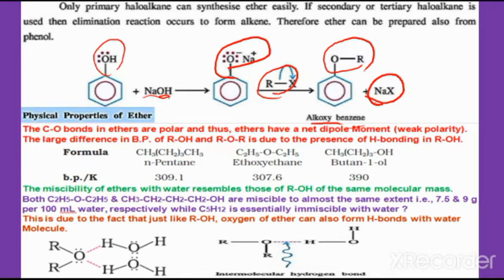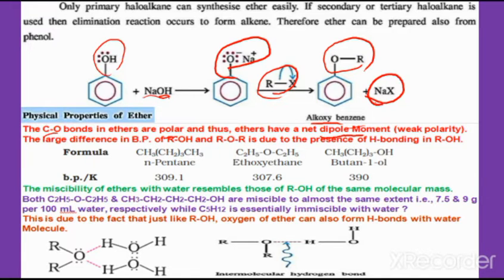Now the physical properties. In the case of the physical properties, first, ethers contain the carbon-oxygen bond, so ethers are polar in nature. Due to the polar nature, it produces a certain amount of dipole moment, but the polarity of ethers is less when compared with alcohols and other compounds.